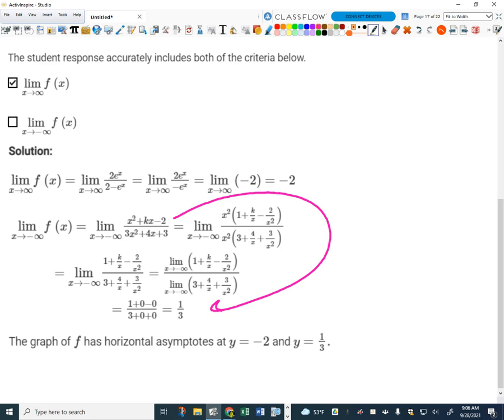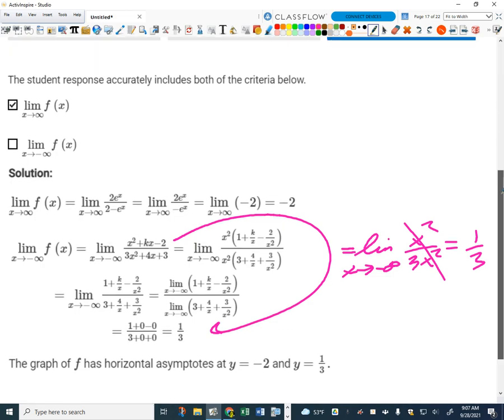The other thing you could do is say the limit of this function is equal to the limit of x squared over 3x squared, because the leading terms are going to be the dominant terms. And then algebraically, that just becomes 1/3. Okay. Questions on that? But I would avoid having to show all that math, unnecessary.